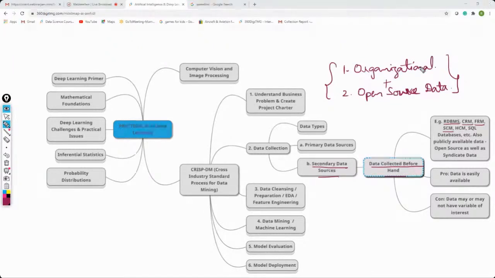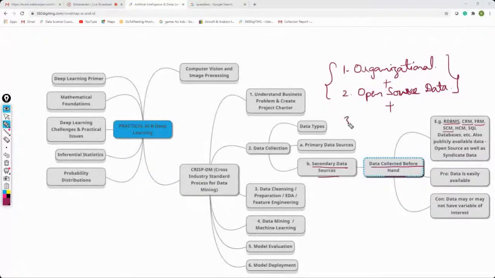But sometimes you also have to resort to open source data sources which are publicly available, get that data, and make use of these two data sources in building your model. Your model will be of very good quality if you do that.